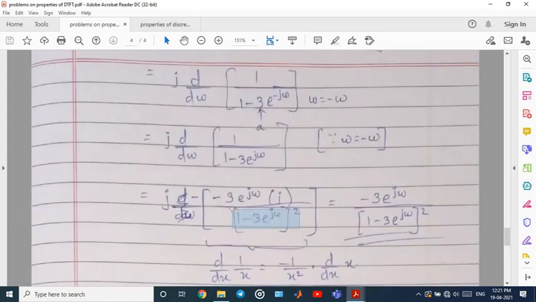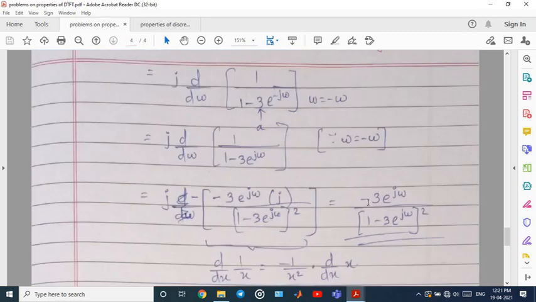Minus 1 upon x square is this, and now the derivative of 1 is 0, so we have to take the derivative of this term. The derivative of this term is, write down as it is first of all, minus 3 e to the power j omega, and then the constant as it is, j.